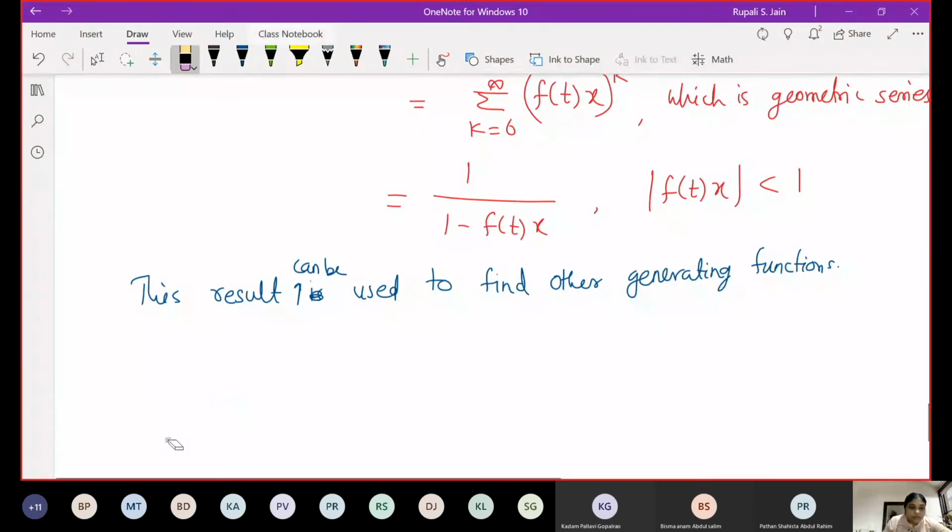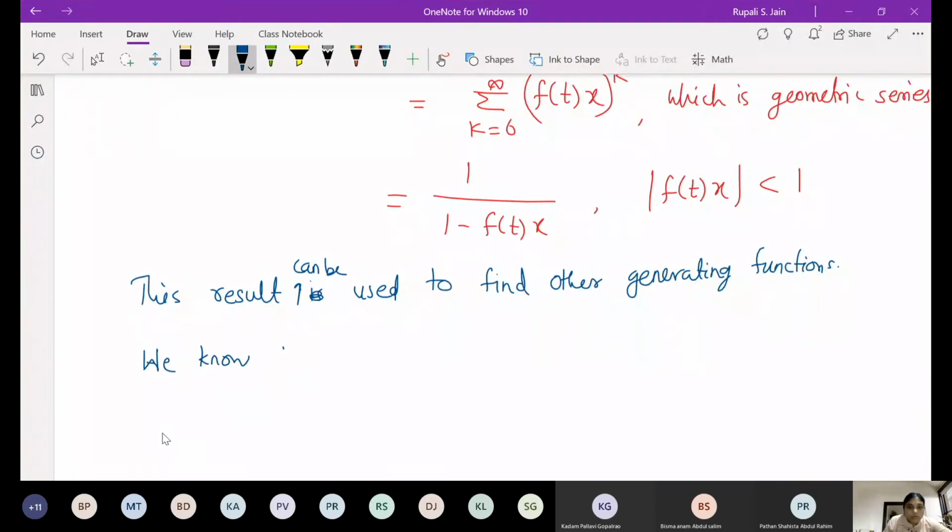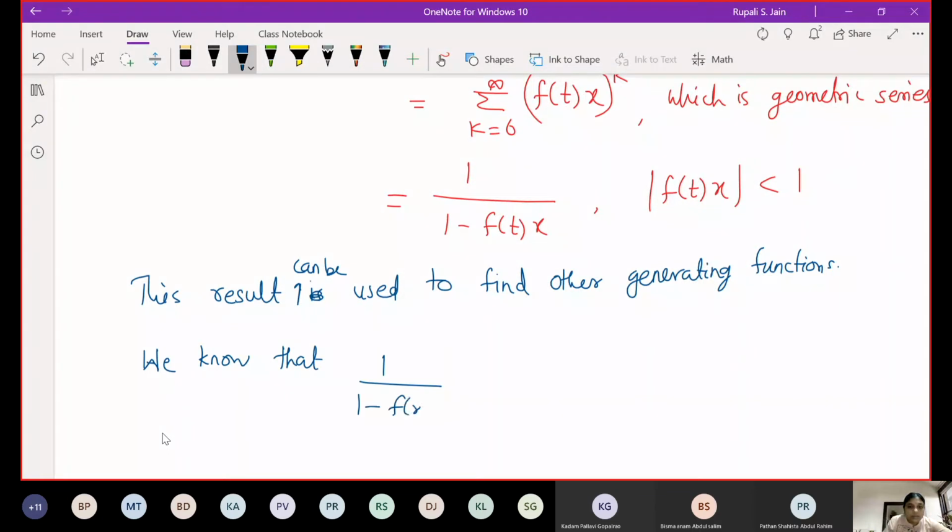We know that 1 upon 1 minus f(t)x is nothing but what? It is summation k equal to 0 to infinity of (f(t)x)^k, right?